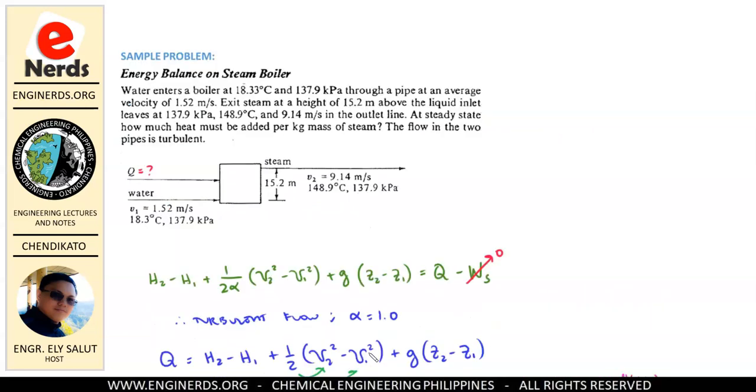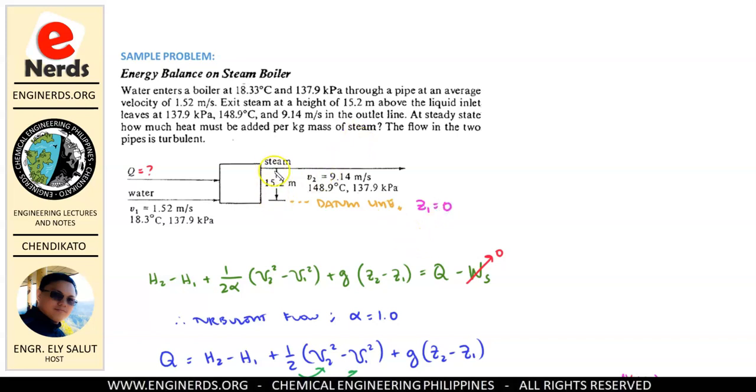As we can see here, given sa atin yung distance between our first stream and the exit stream, yung enter stream and exit stream, which is yung elevation nila is equal to 15.2 meters. So, that means we can have our inlet stream level as our datum line. So if our entering stream is our datum line, therefore our Z1 is equal to 0.